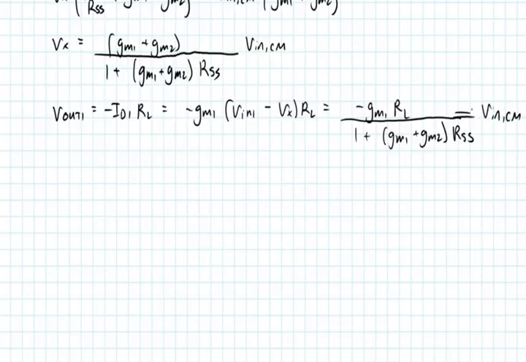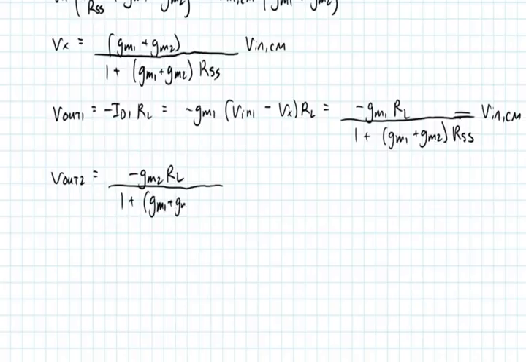Okay, we can do something similar for Vout2. In this case, Vout2 is going to be equal to minus GM2 RL over (1 plus (GM1 plus GM2) RSS) times Vin,CM.